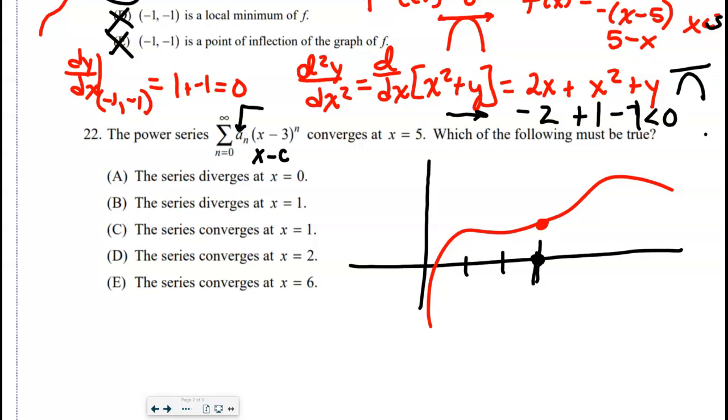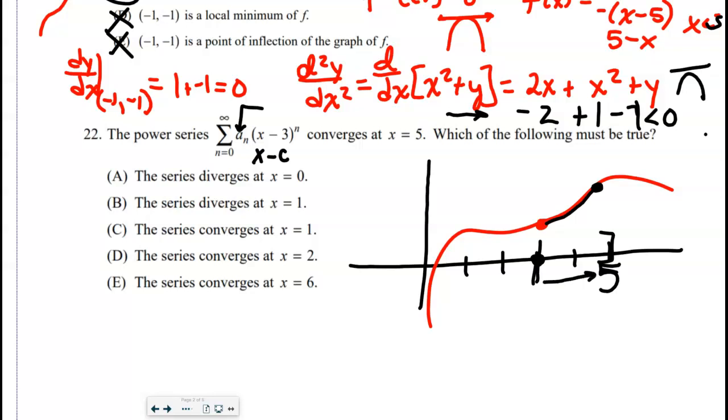And it says that there's convergence at 5. So I don't know what's going on here, but I know I definitely have convergence up to and including 5. What that means is my radius of convergence at a minimum has to be 2.